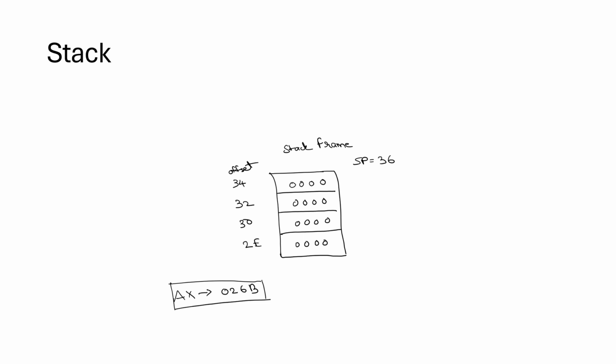So there are two types of instructions, push and pop, that modify the contents of the SP register and are used for storing data on the stack and retrieving it.